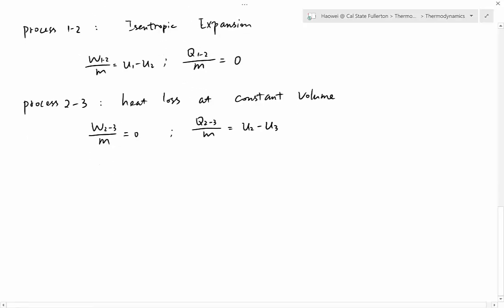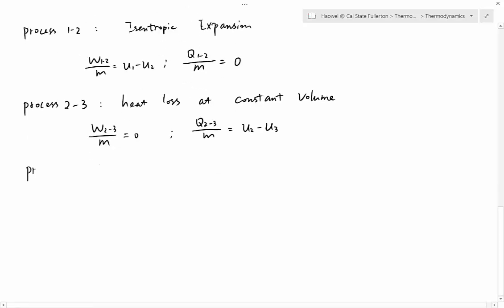Okay, and then the last one is process 3-4. This is an isentropic compression process. And just like before, which one is easier? Must be heat transfer.